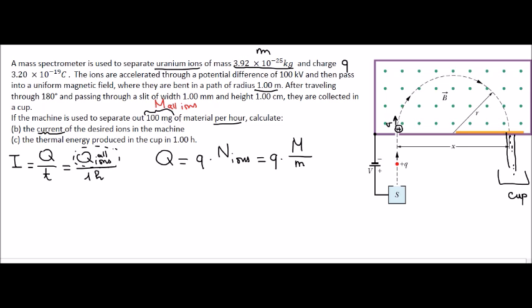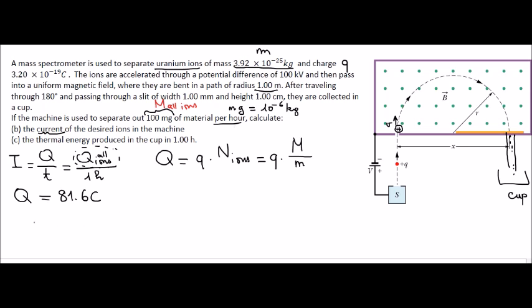Don't forget that's milligram, which is 10 to the power minus 6 kilogram. That's the standard unit, kilogram. There is no more conversion. Charge in coulomb, the mass of one ion in kilogram, so everything is fine. If you do that, you will find the charge equal to 81.6 coulomb. So there is 81.6 coulomb of charge during 1 hour.